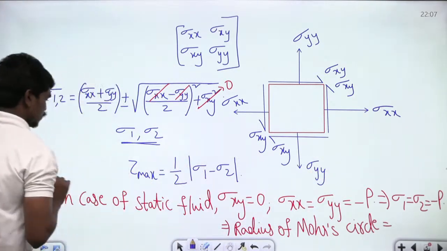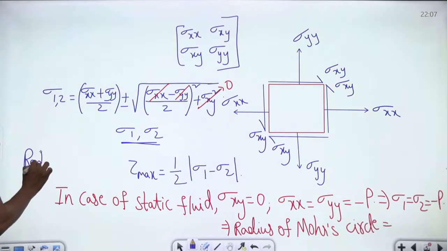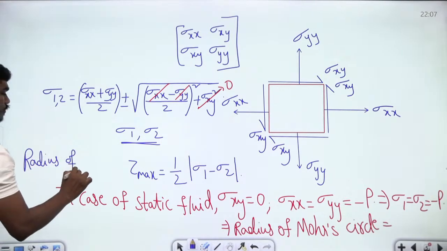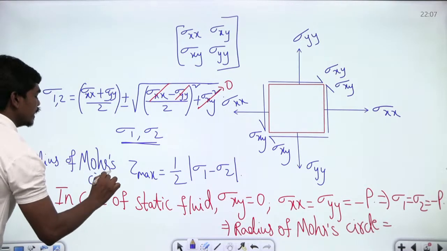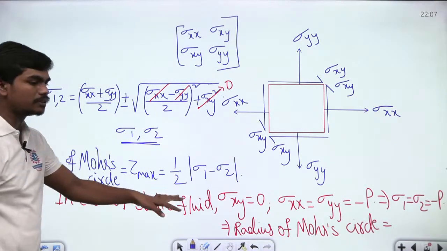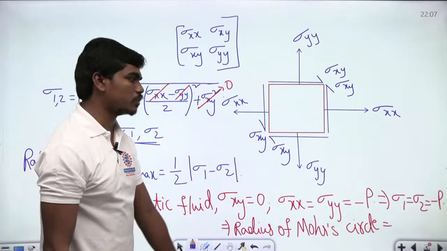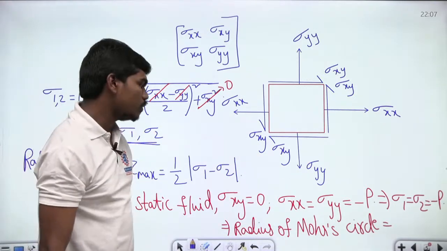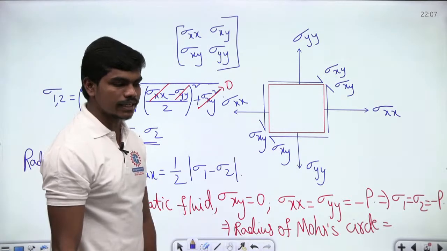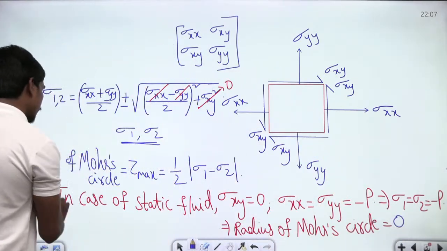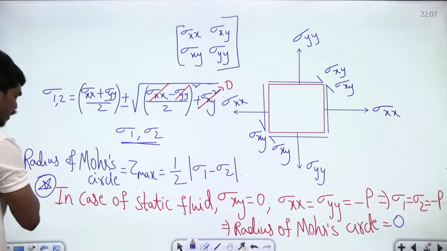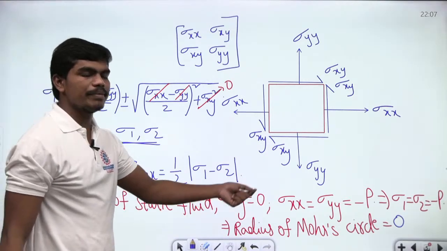So the radius of this Mohr circle is equal to tau max, which is equal to half times the magnitude of sigma 1 minus sigma 2. So if sigma 1 is equal to sigma 2, what will be the radius of this Mohr circle in this case? 0. Correct? This is the reason why they ask you in interviews many times. This Mohr circle actually becomes a point.